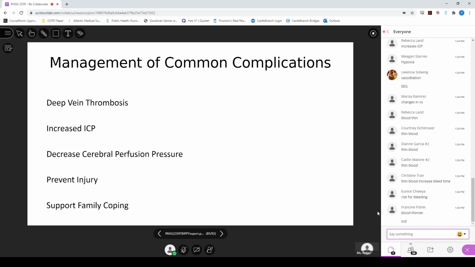You're going to initiate measures to prevent the Valsalva maneuver, so stool softeners or laxatives. You need to maintain the body temperature within normal limits. A temperature causes increased metabolic demand. Make sure you keep your O2 in the proper range.